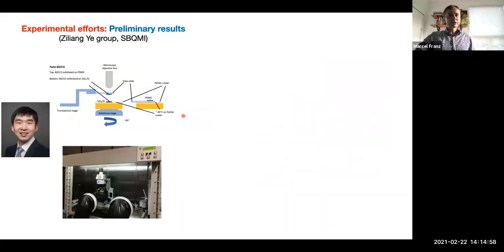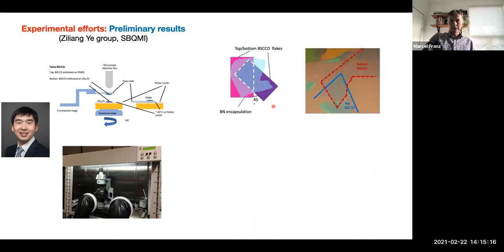Let me mention some experimental efforts. My colleague, Zili Yang at the University of British Columbia in our institute, has undertaken to make these twisted structures. And here are some first samples that he made.